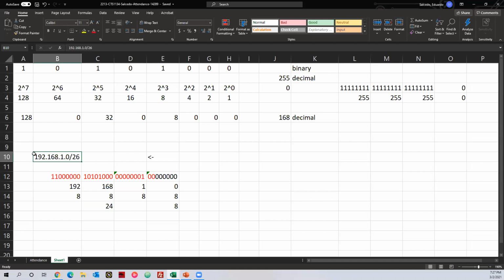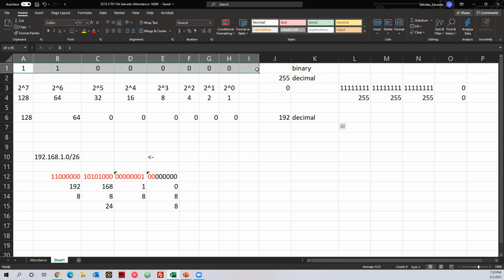Every number before the period that separates your IP address consists of a series of zeros and ones in groups of 8, called octets. This 192 is the same as saying 11000000. 192 in decimal is this in binary. That's how I got this one. And the 168 similarly, and the 1 similarly, and the 0 is just a bunch of zeros.